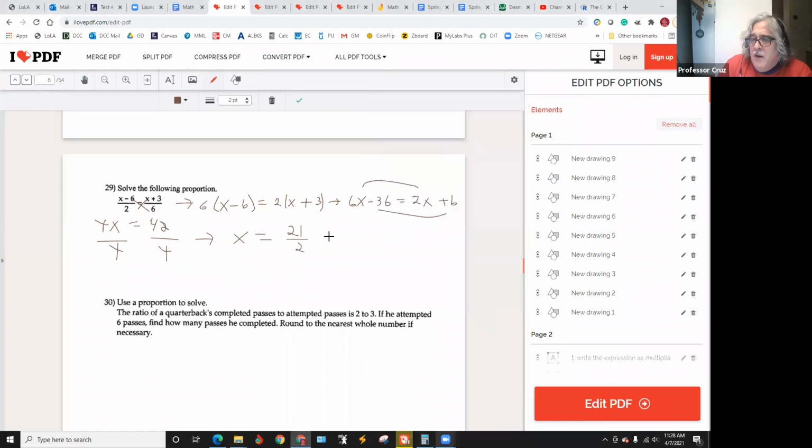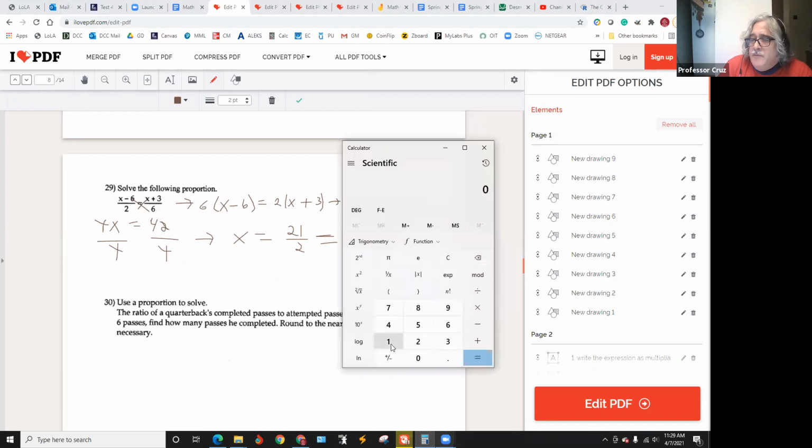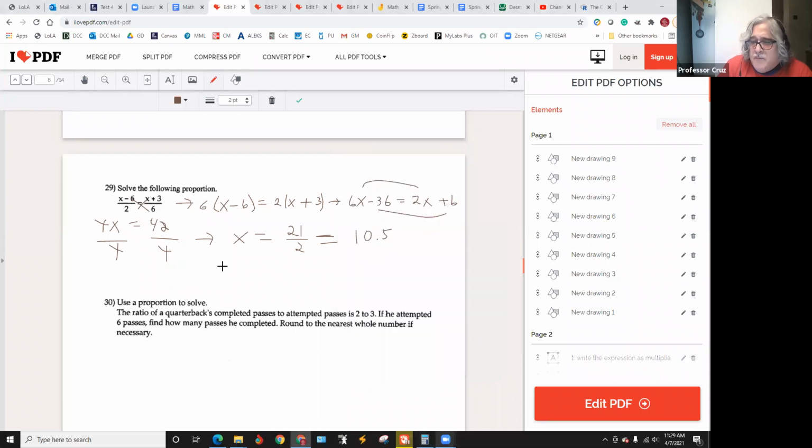Generally speaking, you want to keep proper fractions, but since the checks are going to be harder when you put fractions in there, you can just check like this. So 10.5 minus 6 is 4.5 over 2.